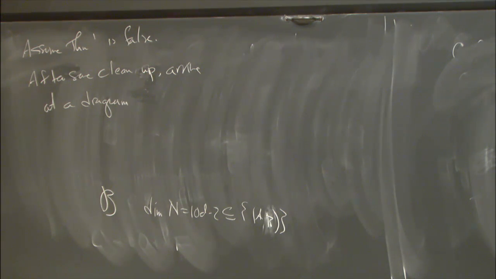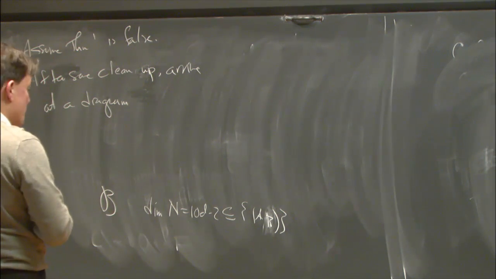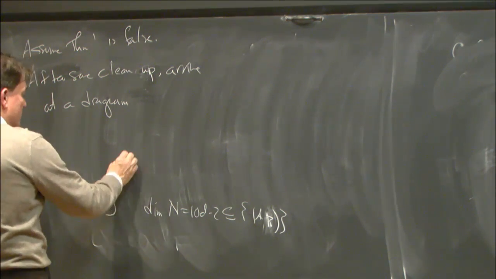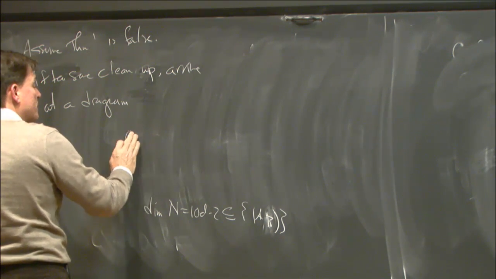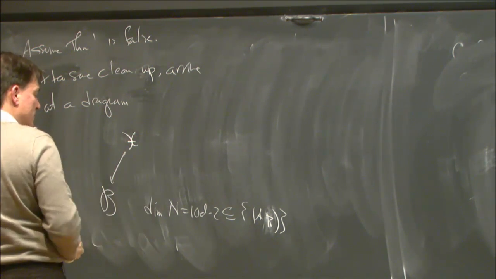I'm going to take some linear section of that, throw away some things, and arrive at an open set in there that parameterizes a nice collection of elliptic surfaces. So there'll be an X over that, which is the universal elliptic surface.